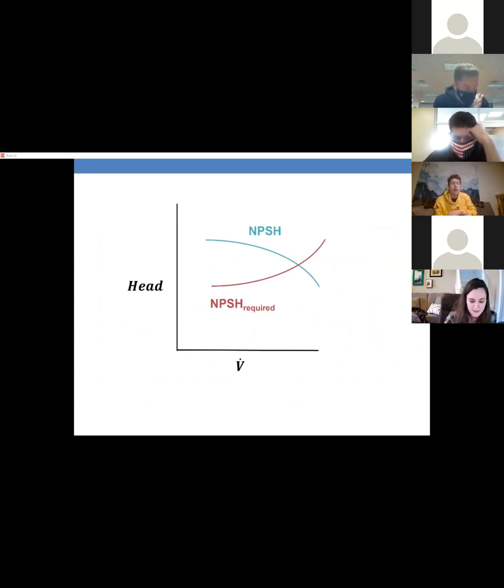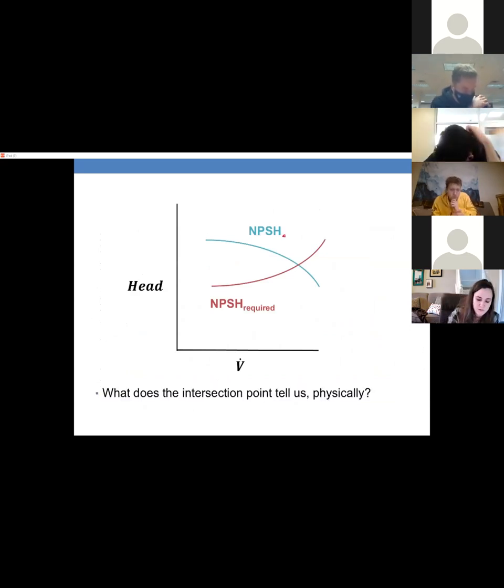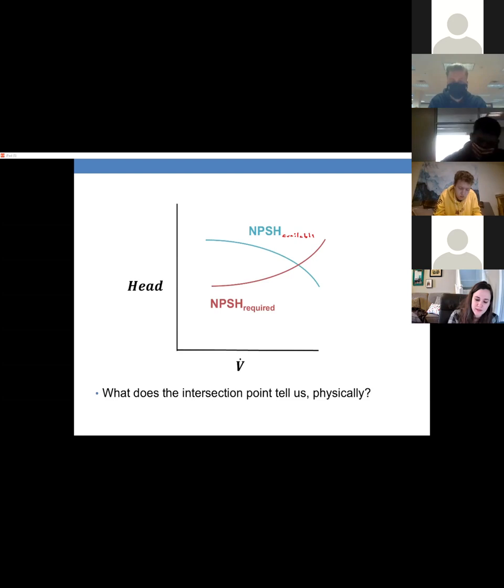So you have the NPSH available, and you have the NPSH required. So the NPSH available is going to go down as the flow rate goes up, and the NPSH required is going to go up as the flow rate goes up, and at some point they intersect.